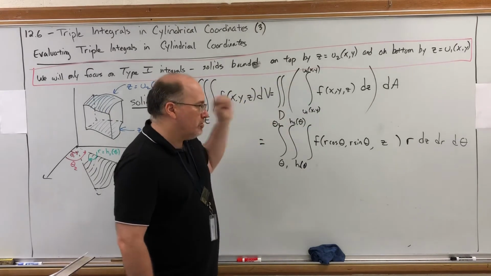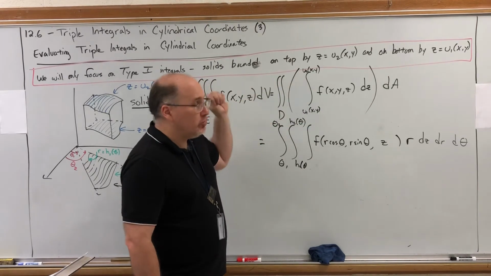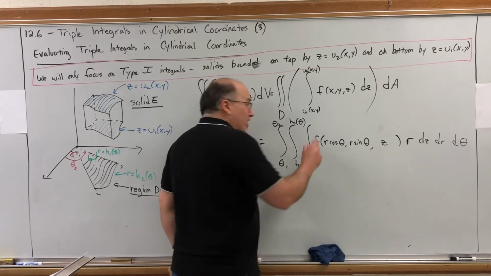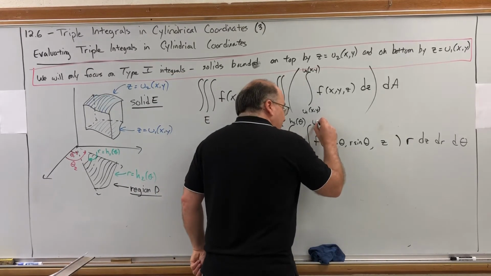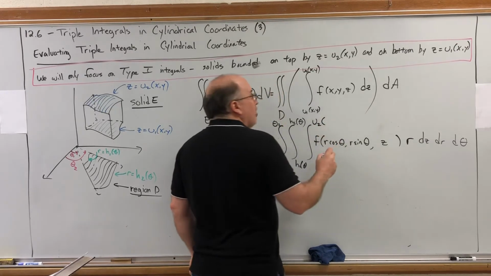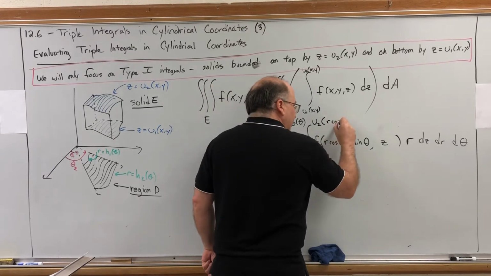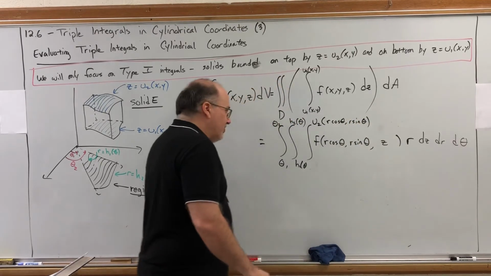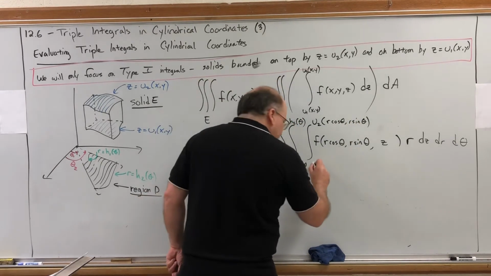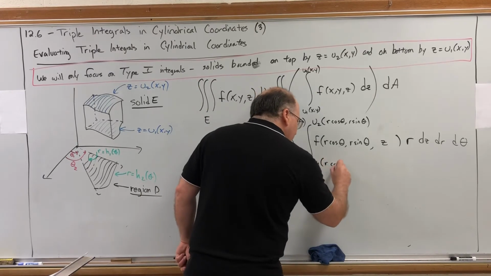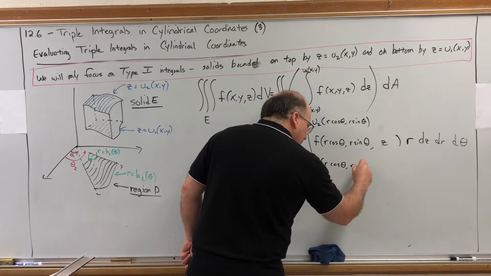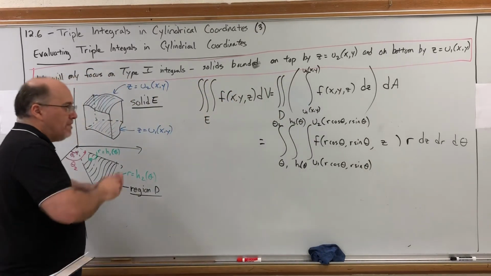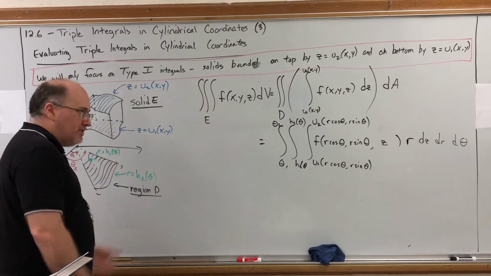But when we convert to cylindrical, we have to convert those x's and y's as well. So the upper limit on the first integral becomes u2 of r cosine theta, r sine theta. And the lower limit becomes u1 of r cosine theta, r sine theta.